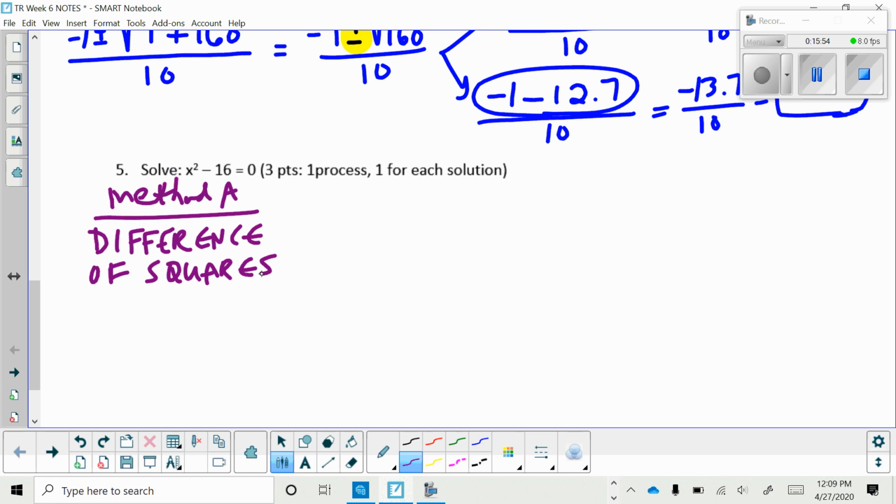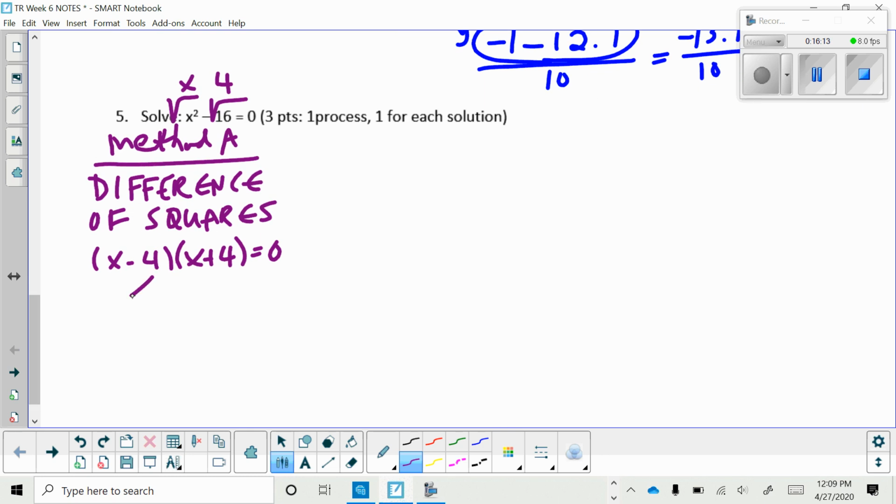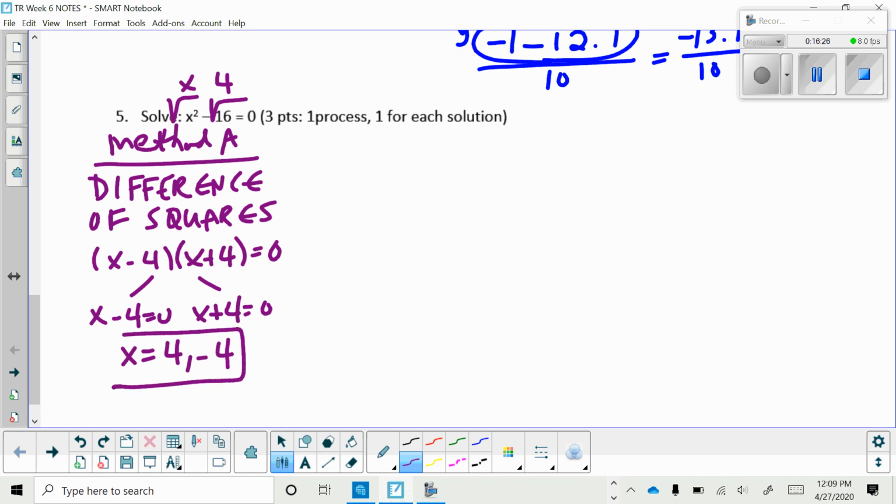What you do there is you take the square root of each one, and you make a minus version and a plus version. With those two values. Now it's equal to 0, right, from the original thing. And we know from here that to solve, we just set those two factors equal to 0 and solve those two baby equations. X equals 4 and x equals negative 4. Okay, so that's one way, difference of two squares.